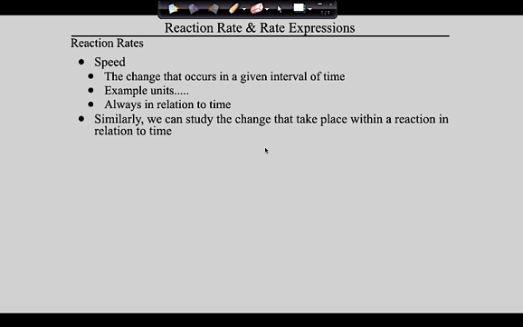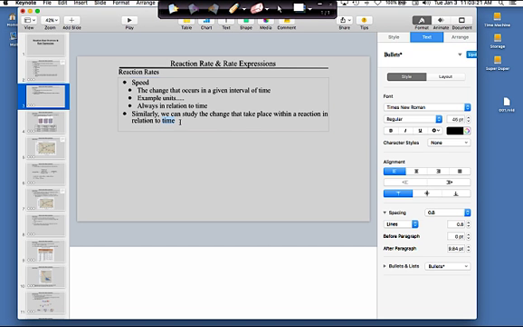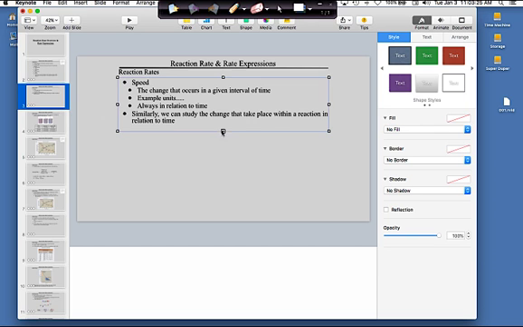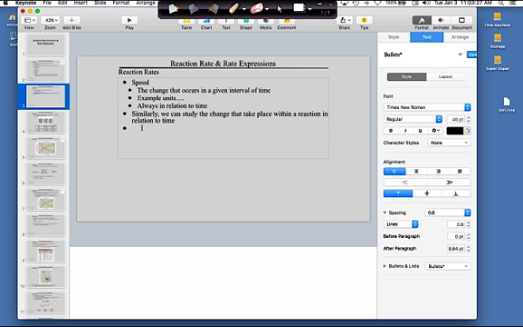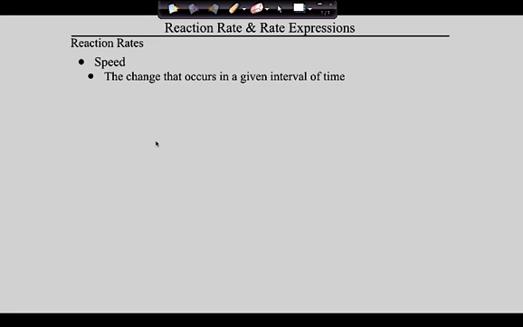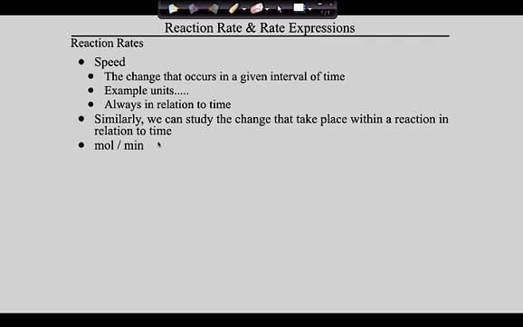Our units for rate right now are going to be moles per minute. Understand that we're going to change this later, but for right now, our units are going to be moles per minute.